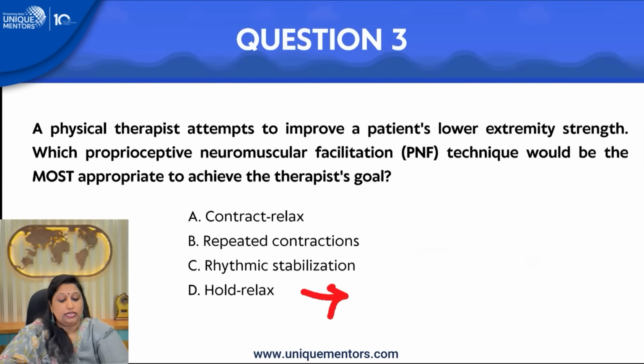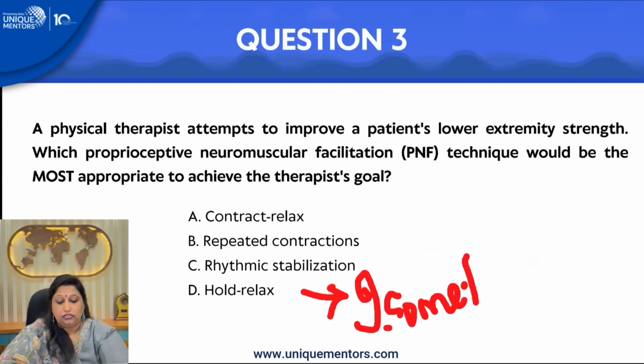Now coming to hold relax, again it is similar to contract relax. The only difference is in contract relax we are using isotonic contractions of the antagonist muscle to increase the range of motion. Here we are using isometric contraction of the range limiting antagonist.